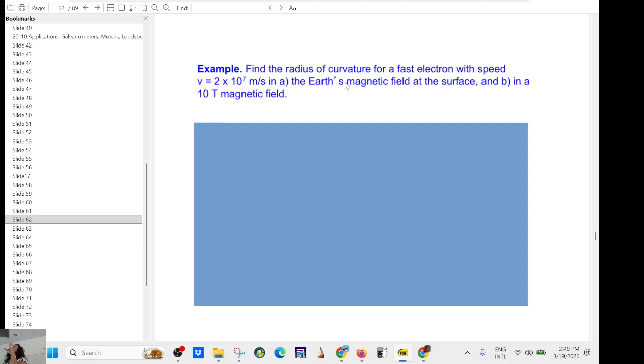Don't forget to put parentheses around the denominator because of scientific notation. So you multiply the mass by the velocity, enter, divide by the charge, in parentheses, enter, divide by B, enter.